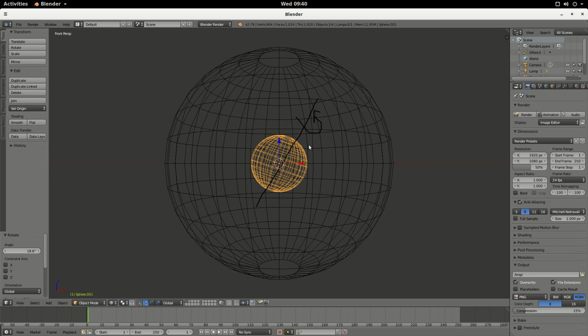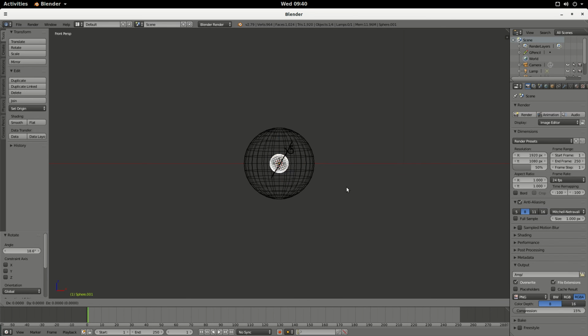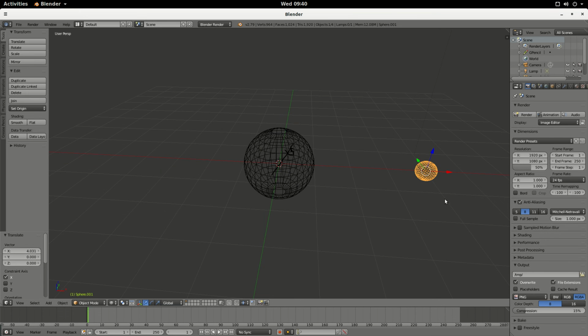So the Earth rotates around itself, and what it does next is it orbits around the sun like this.